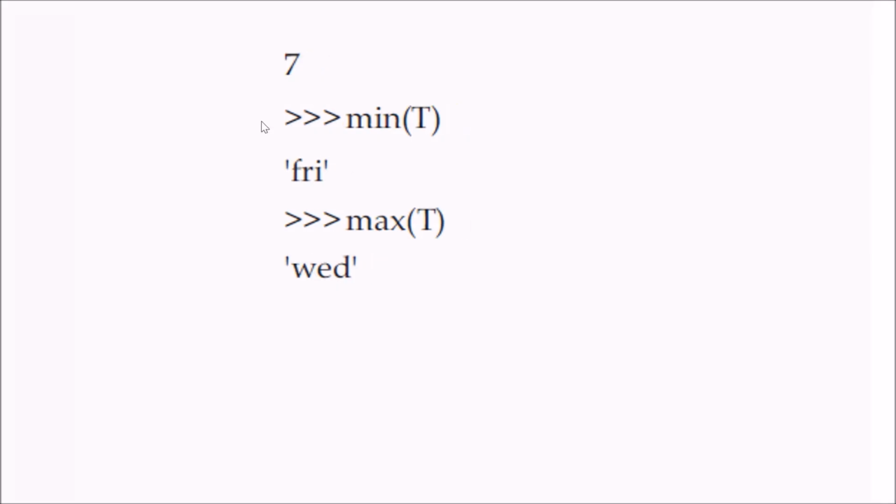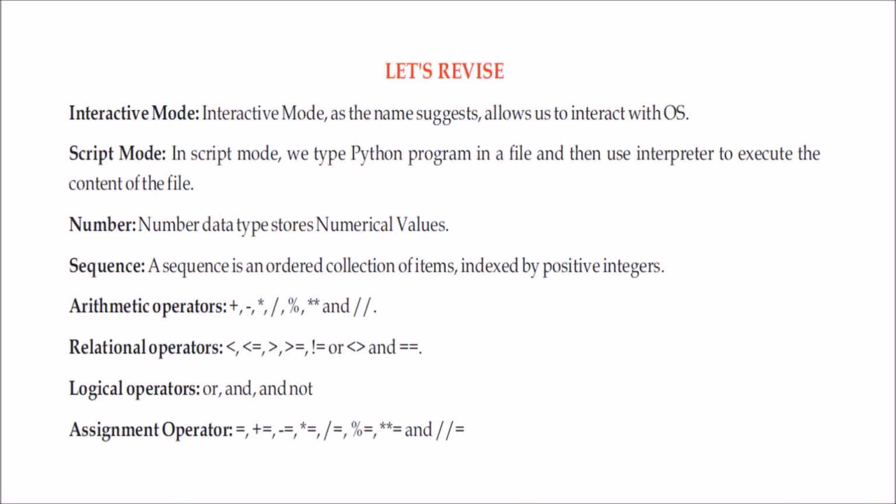Wednesday will be the maximum. So let us revise what we have done in this chapter. Interactive mode, because it allows us to interact with the OS directly. Script mode, if you want to write statements in a script and then run, then you should go to script mode. The number data type stores numerical values. The sequence is a collection of items indexed by positive integers.